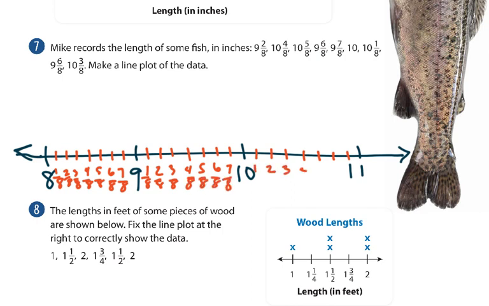All right, mine's done. Looks pretty great. I'm ready to plot. Do all of my numbers I'm plotting have 8s in them? They do. So this one's going to be easy.